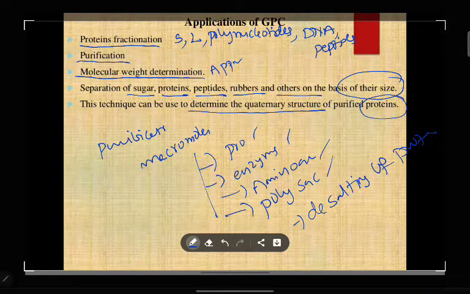Now you pour your sample, dissolved in mobile phase, on the surface of your column. Separation then happens based upon molecular size. Large particles can't pass through the pores in your gel, so they escape through the space, the void volume, between your stationary phase.